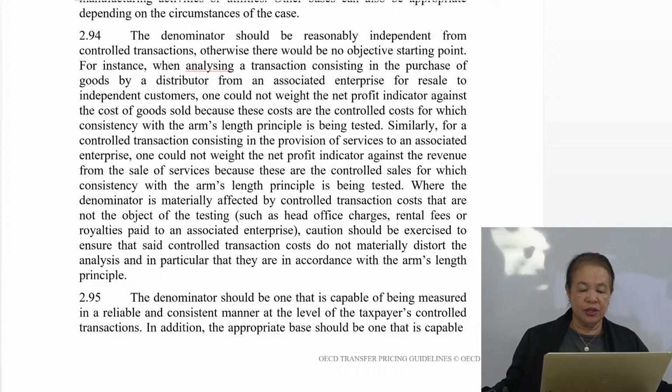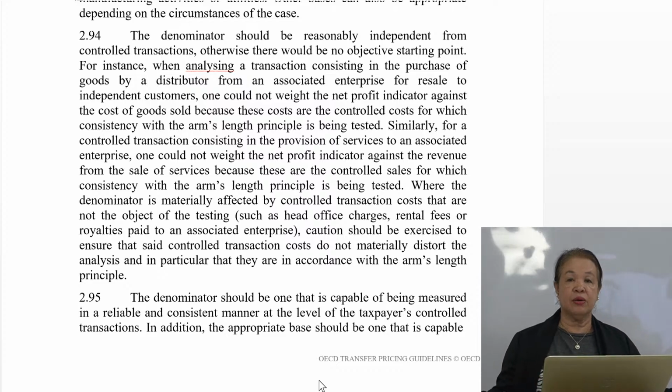So this in practice limits the ability to use certain indicators as discussed at paragraph 2.105 below. So further, the taxpayer's allocation of indirect expenses to the transaction under review should be appropriate and consistent over time.